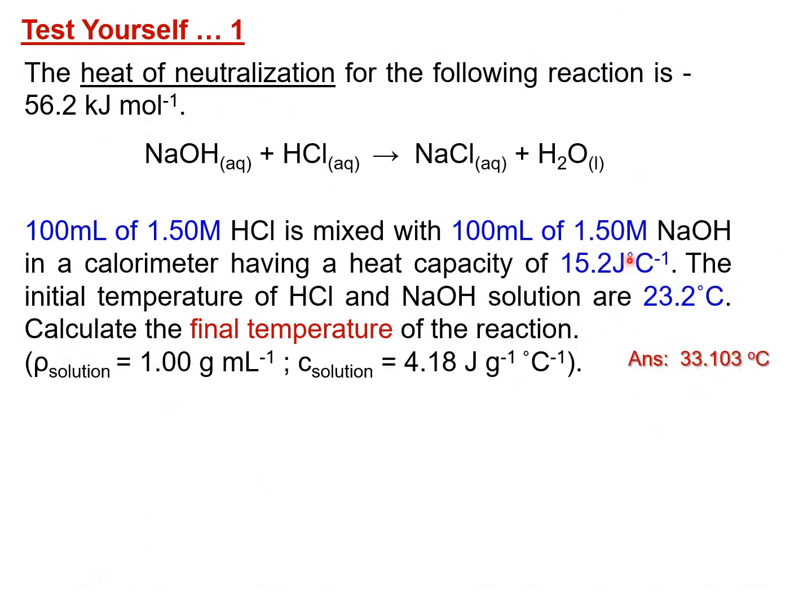Okay, after that you can test yourself by doing this question. Here it gives you information on the heat of neutralization. So if there is a calorimeter, you know the heat of neutralization is equal to the heat released by the reaction divided by the number of moles of water. But the question asks you to find the final temperature.